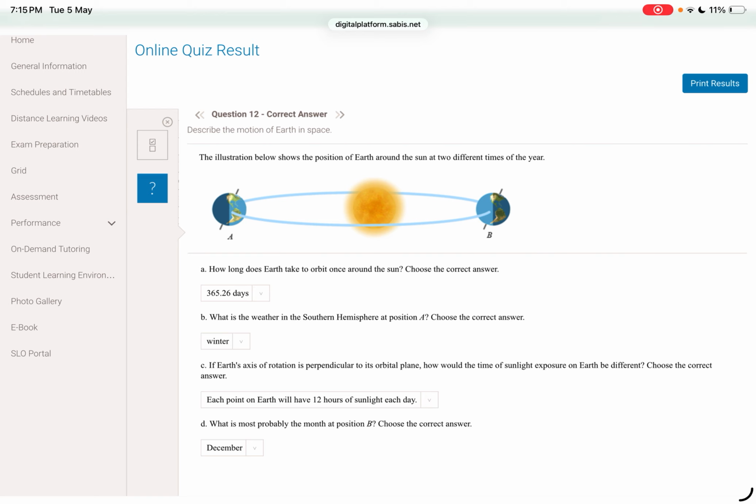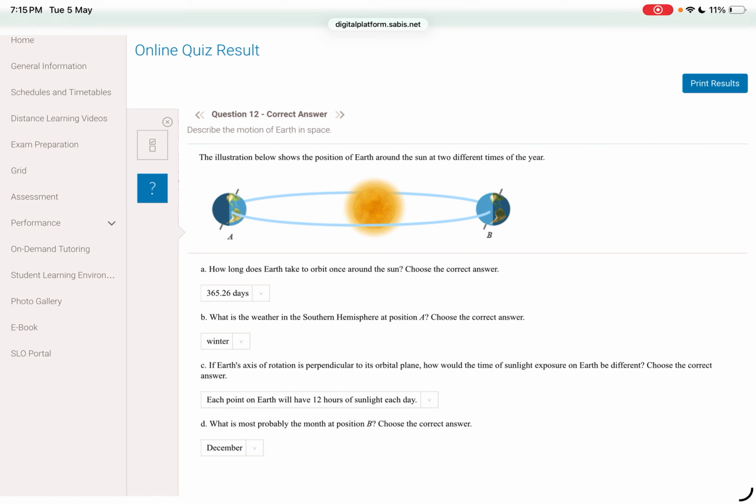For part C, if the Earth's axis were perpendicular to the orbit, how would the sunlight change? Each point on the Earth would have 12 hours of sunlight each day. With no tilt, there would be no seasons, no long summer days or short winter days. Every location would get equal day and night all year.